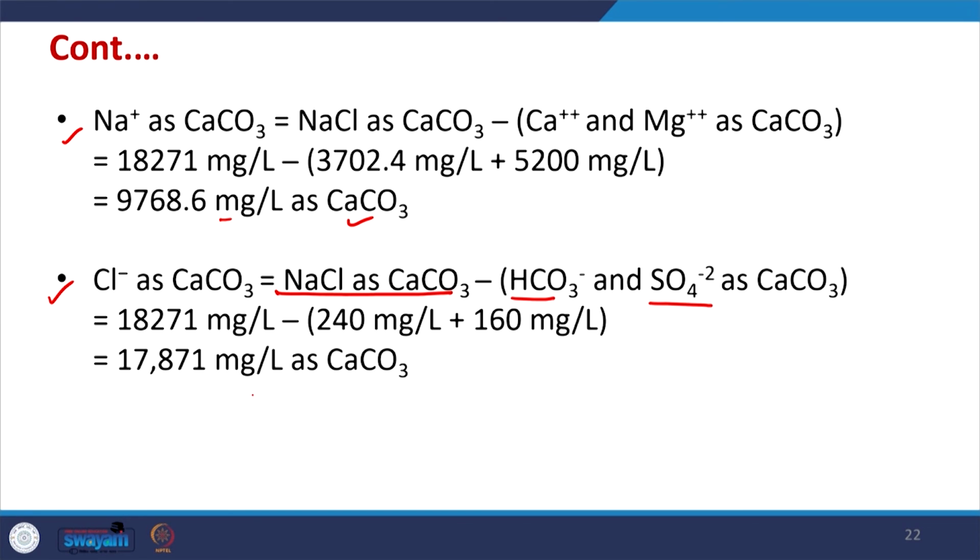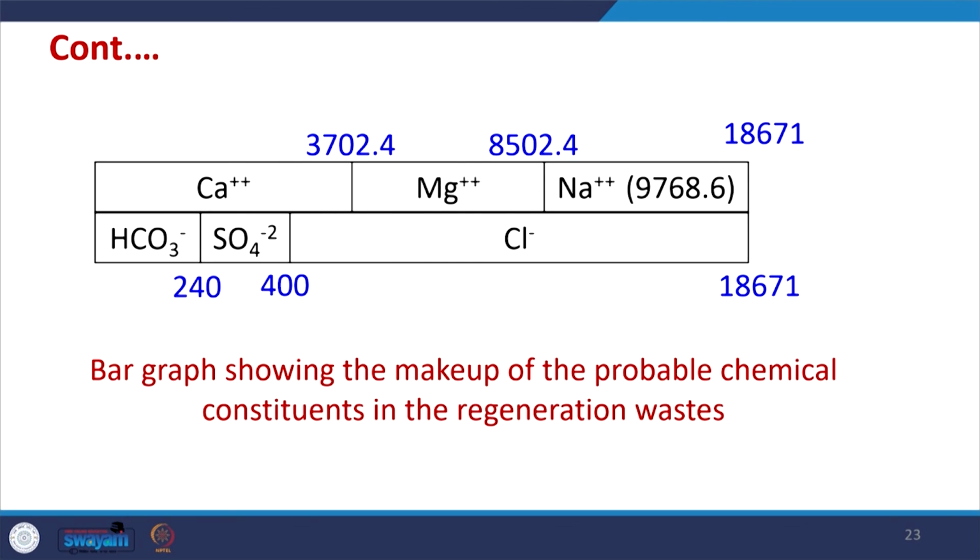By subtracting, this will be the chloride and this will be the sodium, and if both are known we can perform this calculation and the overall picture will look like this in the chemical constituents that will be present in the regenerated waste.